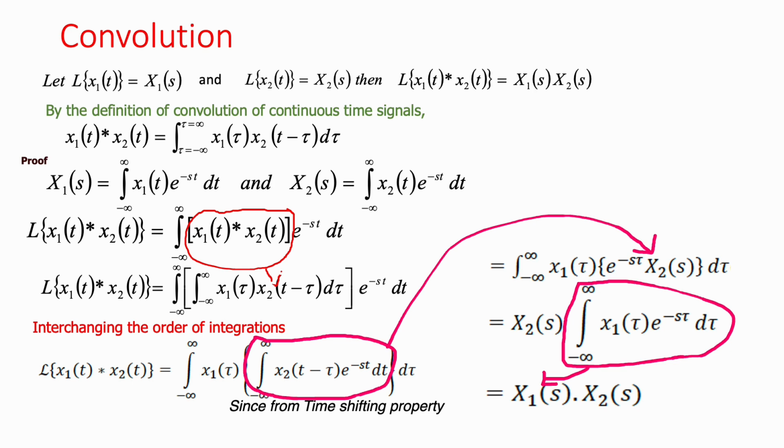The next one, rearrange the integration again, because x2 of s, you bring it out. Integral minus infinity to plus infinity x1 of tau e power minus s tau d tau. Now this part can be written as x1 of s, because this is the same as the Laplace transform formula. So hence the property is proved.